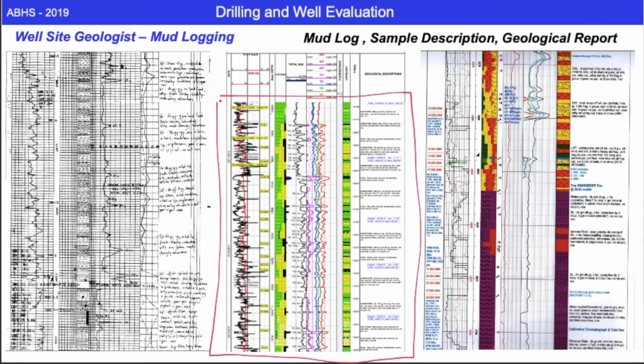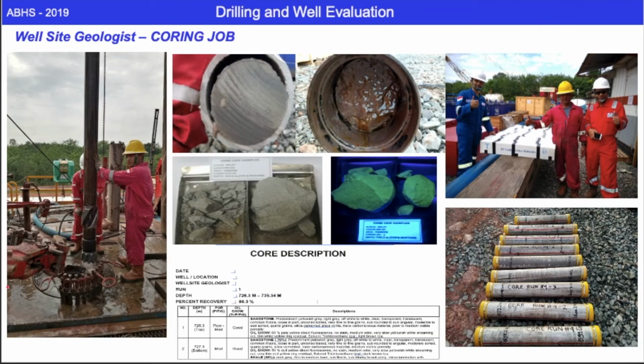From here, we can also determine the characteristics of the rock, such as the permeability, the saturation between fluid and steam, and the densities of the rock. These are the corings that can be retrieved after drilling. We can see here that the corings are mixed up with the mud, and after being washed, we can then retrieve the proper corings for analysis.